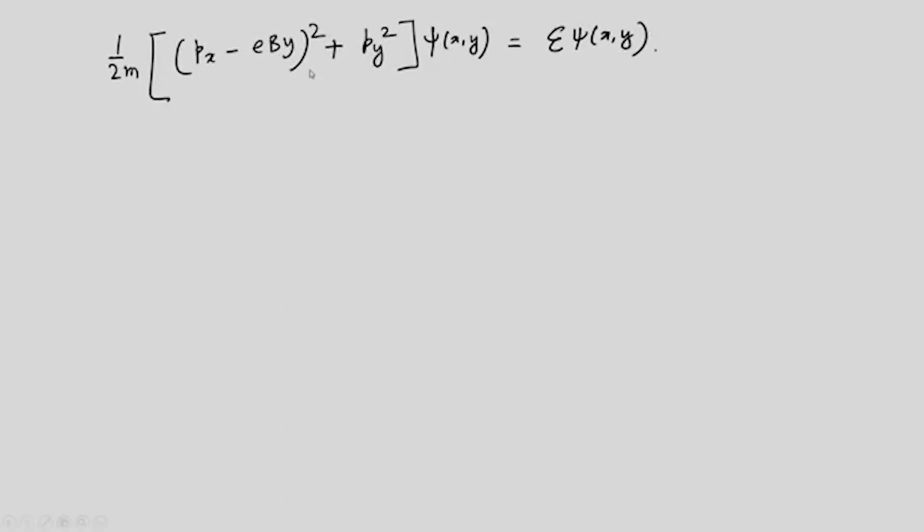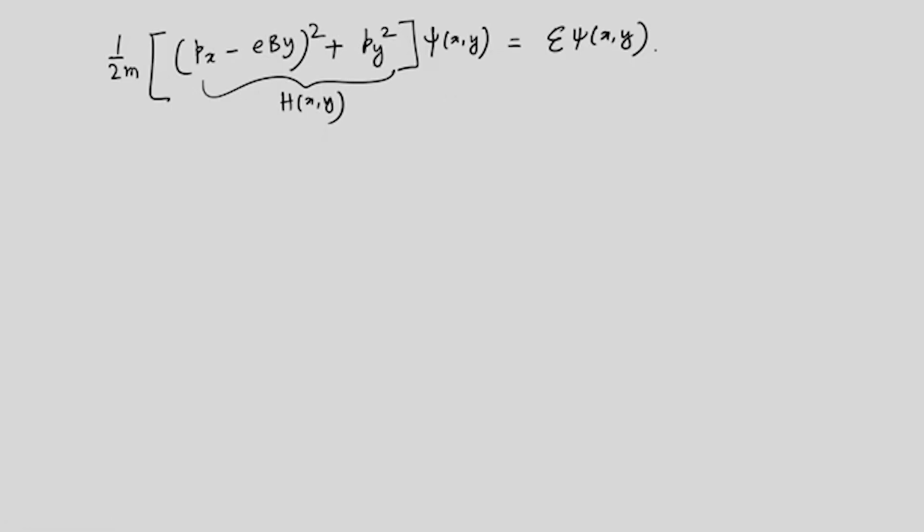A has only an x component, so only the Px changes and nothing else, the Py remains as it is. Okay. Now, this is of course a 2-dimensional Hamiltonian, you can call it H xy. So, if you write it symbolically, it is H xy psi x y equal to epsilon psi x y, and this is what you have to solve for.